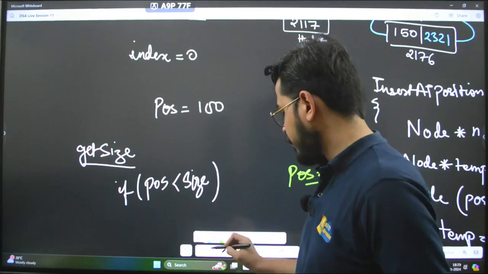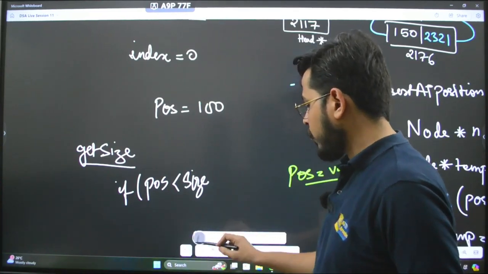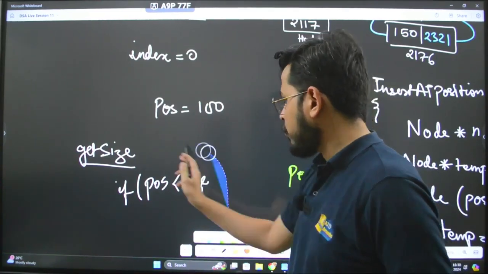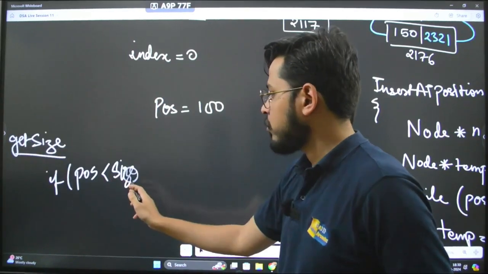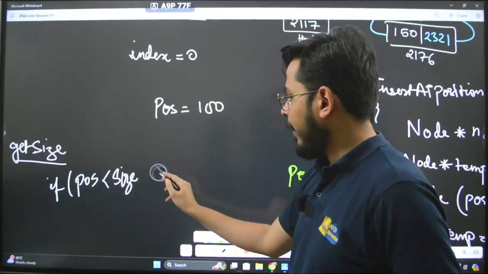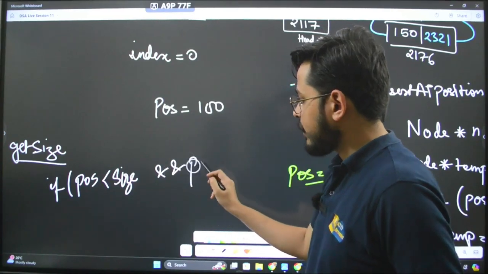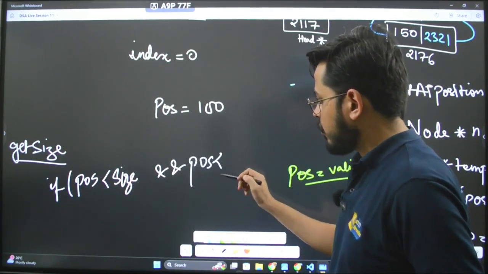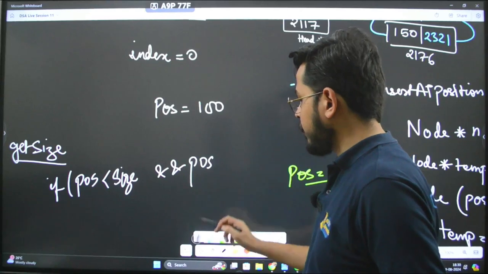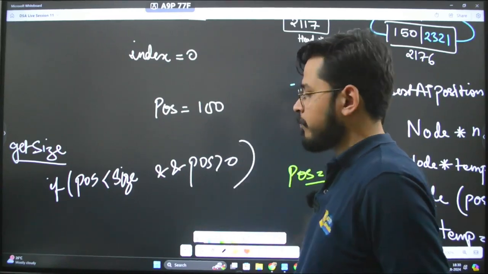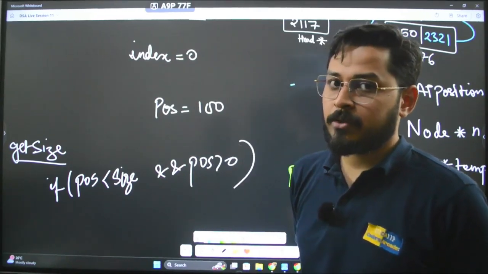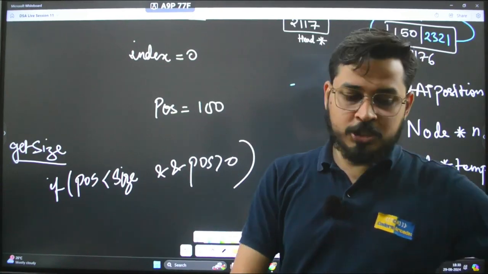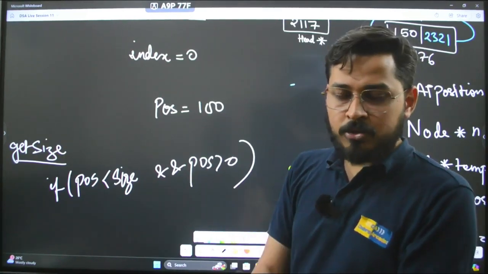Not only that, but also the position is greater than 0. These are the two conditions that you need to take care of. First of all, position cannot be negative.